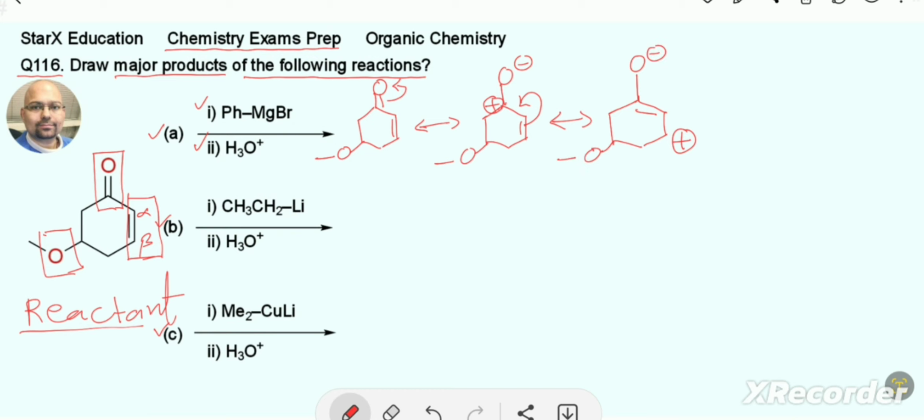So if we draw the resonance hybrid, we can see that with the oxygen's negative charge, there will be a partial double bond between the oxygen and carbon and these carbon-carbon. So the oxygen now has a partial negative charge.